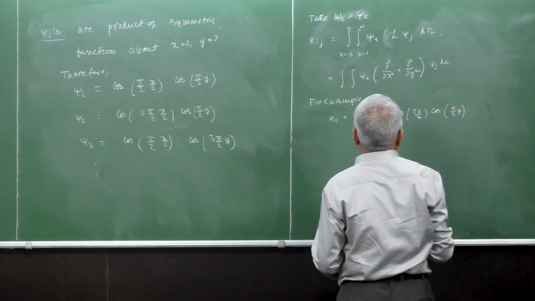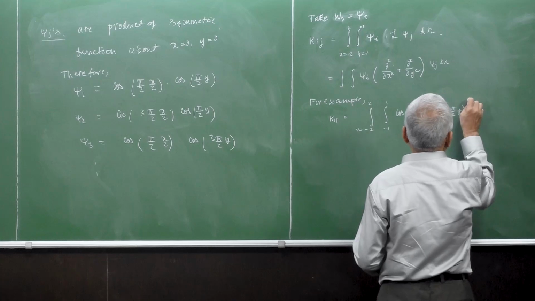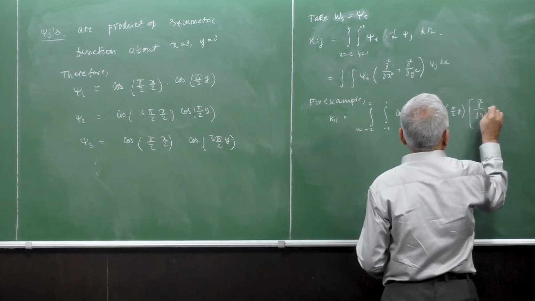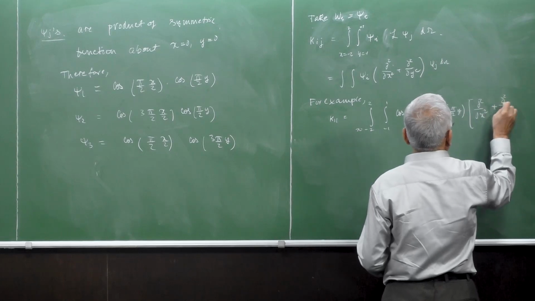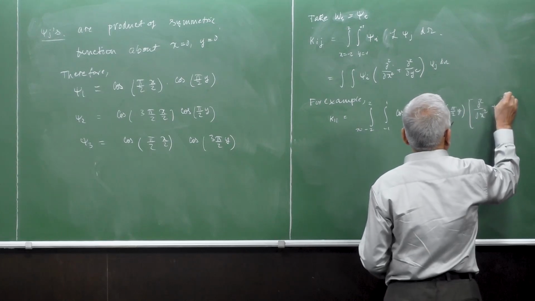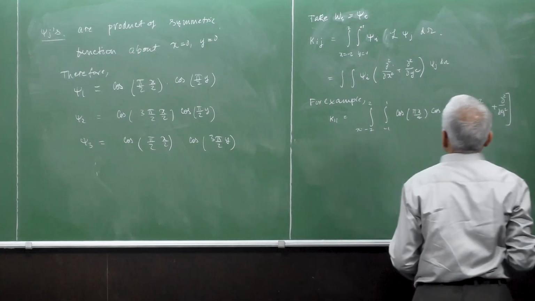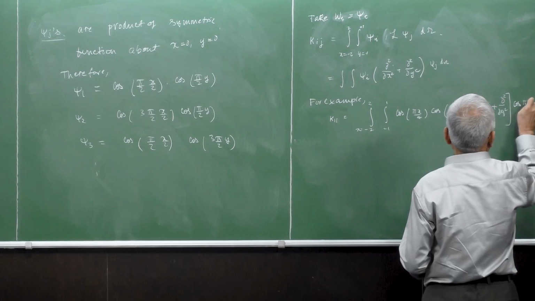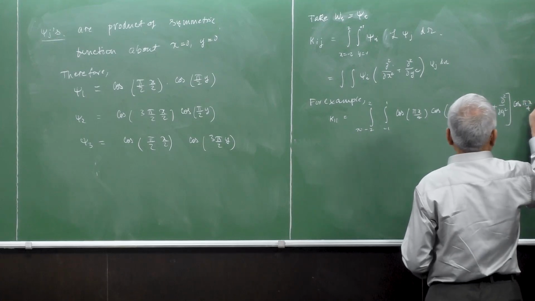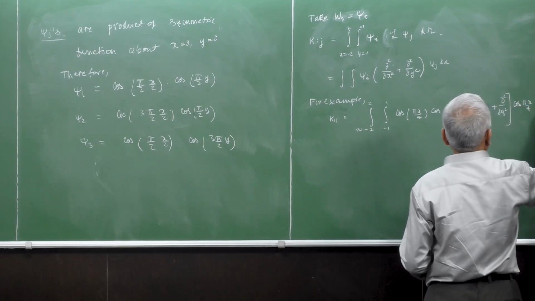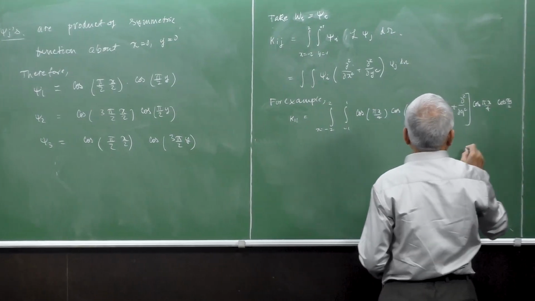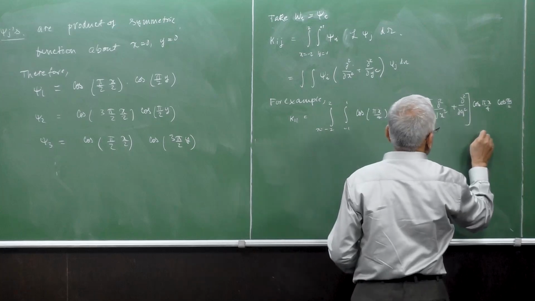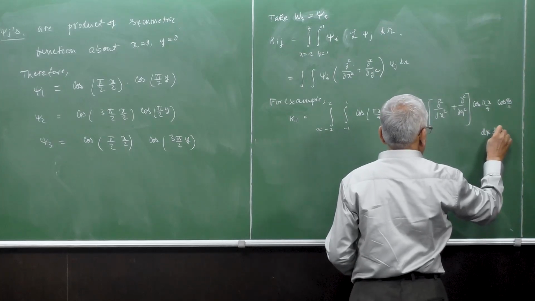So this is psi 1. And then here the derivative has to be taken on the same thing, psi 1, which is cos pi x by 4 and cos pi y by 2. And the d omega here is nothing but dx dy.